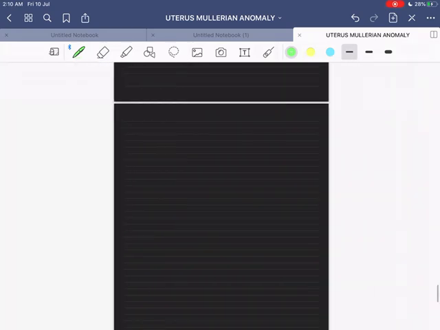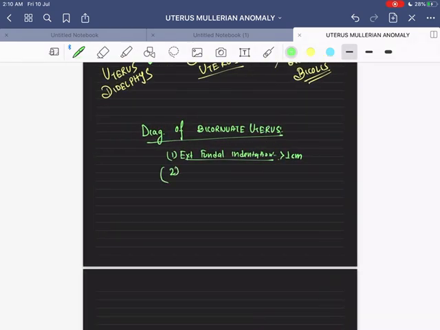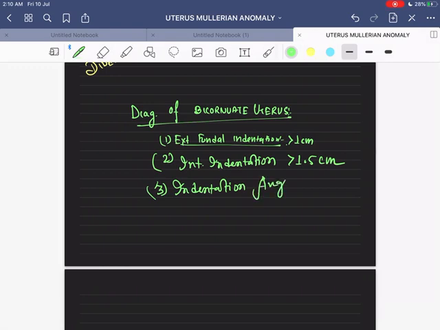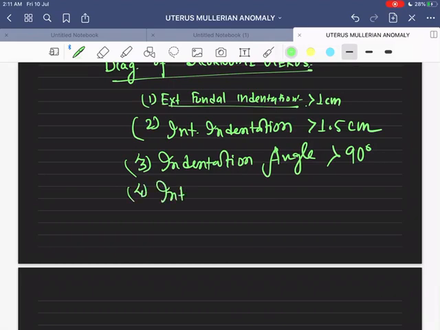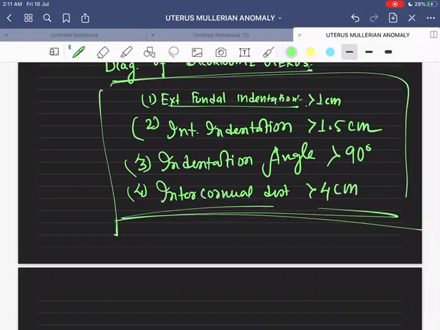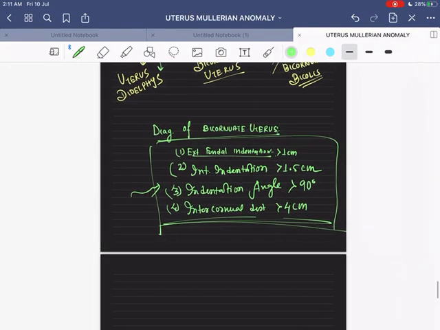Second, the internal indentation should be greater than 1.5 centimeter in depth. The indentation angle should be greater than 90 degrees, and the intercornual distance should be greater than 4 centimeter. These 4 criteria are required for the diagnosis of bicornuate uterus.